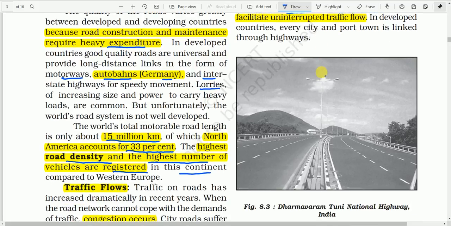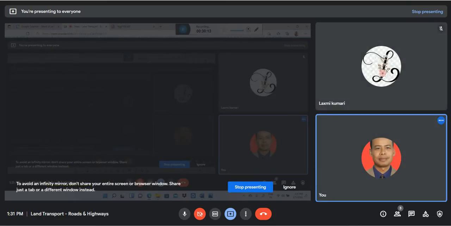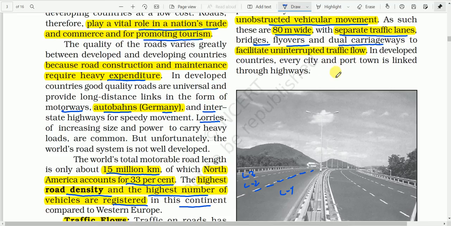Here so many lanes are visible. Lanes means, see here, this is a lane. I think you may be seeing these white lines here. This is a lane, this is another lane, and here is another lane. Likewise here also, this is one lane, another lane, another lane.